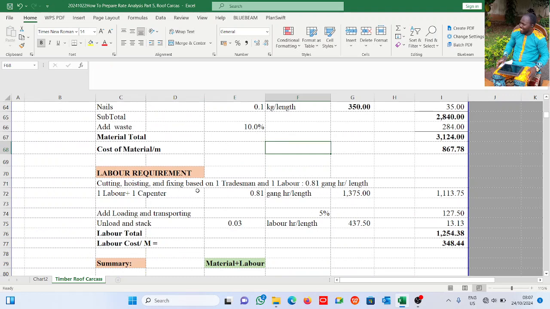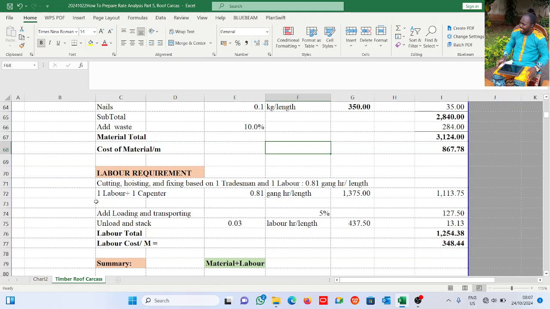All right, so cutting and hoisting for one tradesman and labor, but of course the complexity is different, because in rafters you have to make sure it is aligned to the king post, and the tie beam also connects, and all. So 0.81 gang hour per length.